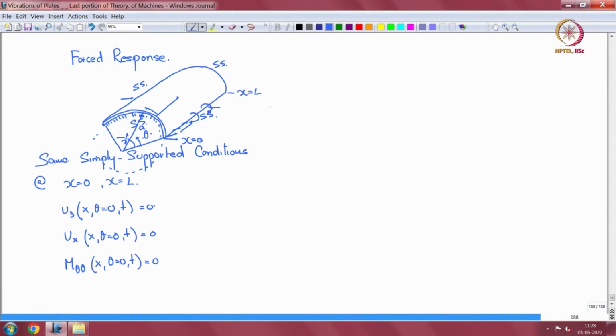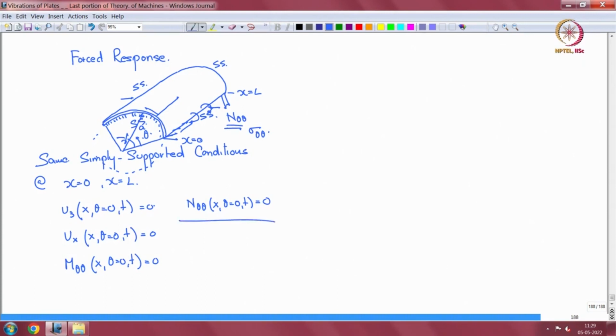Then n theta theta at theta equal to 0 comma t is 0. So n theta theta is the normal force resultant born out of sigma theta theta.